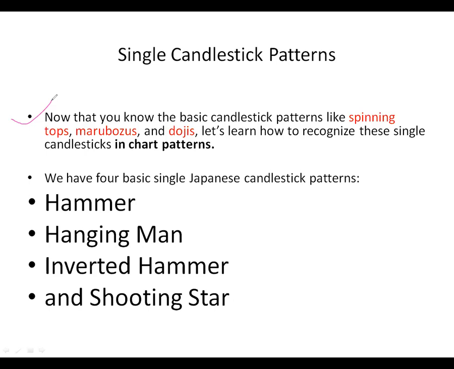Yes, it is a doji candle, but because of where this doji candle is found on the chart, it can be said to be a hanging man. Yes, this is a doji candle, but where this doji candle is found on the chart is making us call it a shooting star.